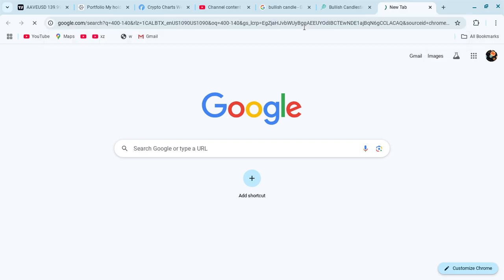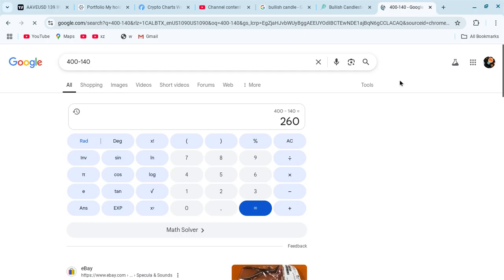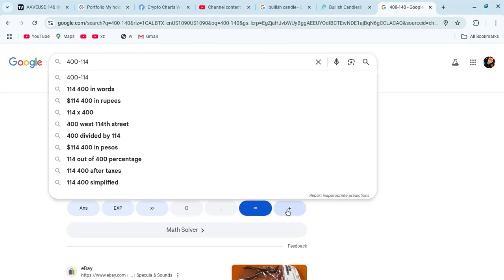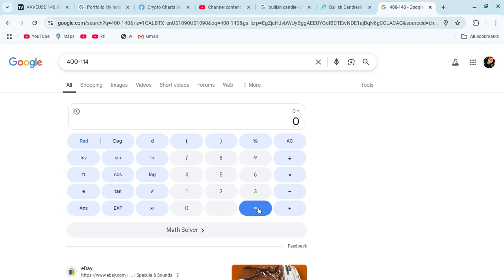Remember, this came all the way. So imagine, guys, you lost 260, or if you put it at 114, you see that you lost over 285.